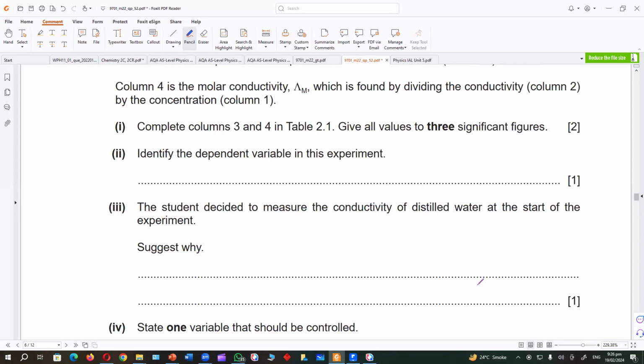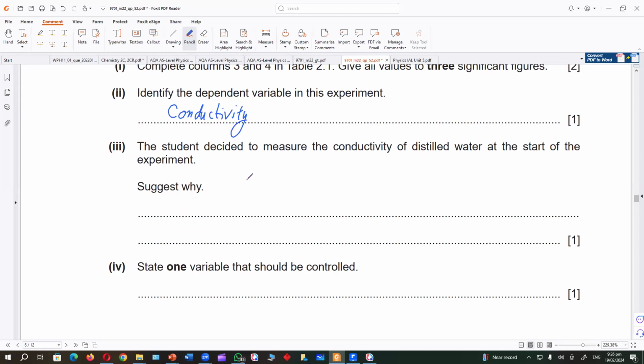Identify the dependent variable in this experiment, which is changing on our interference. The conductivity. The student decided to measure the conductivity of distilled water at the start of the experiment.